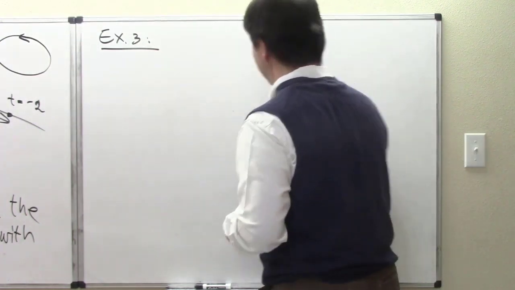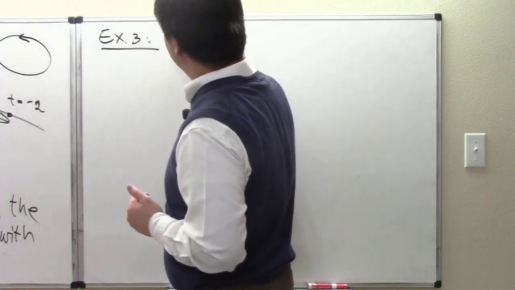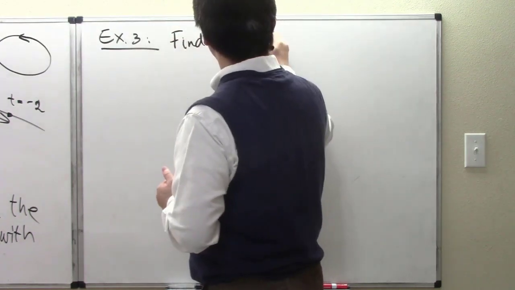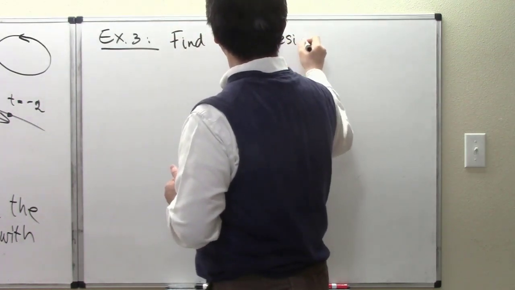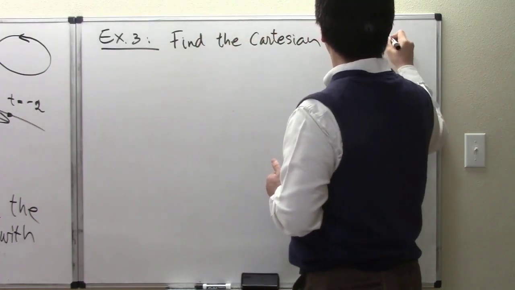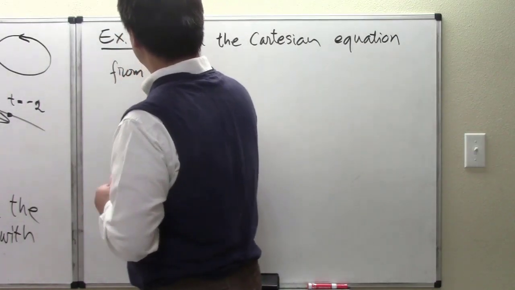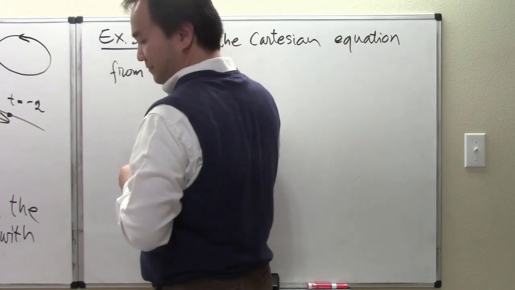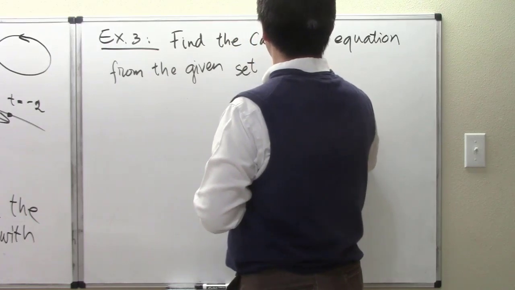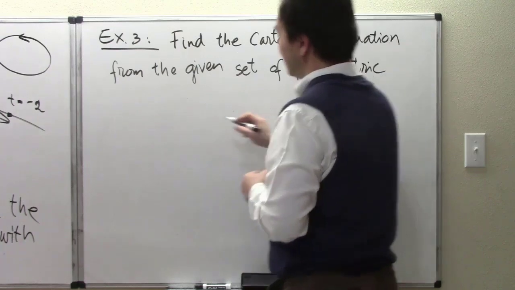This is the instruction of our example: let's find the Cartesian equation from the given set of parametric equations.